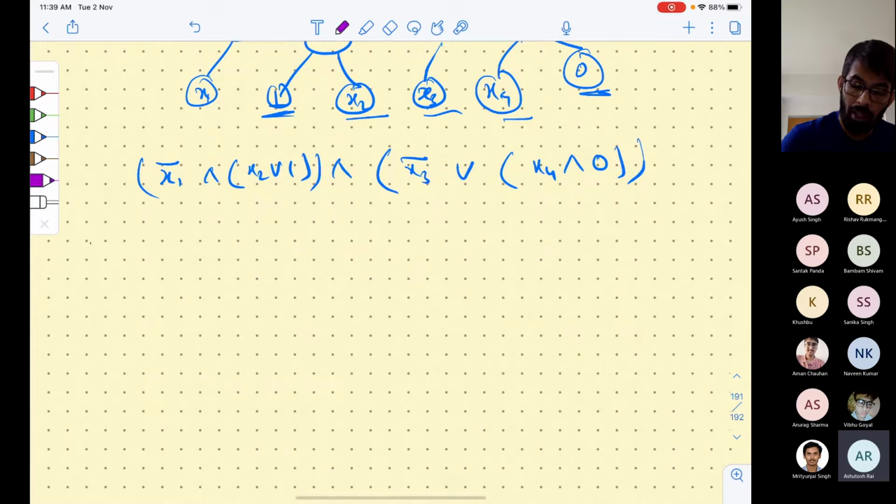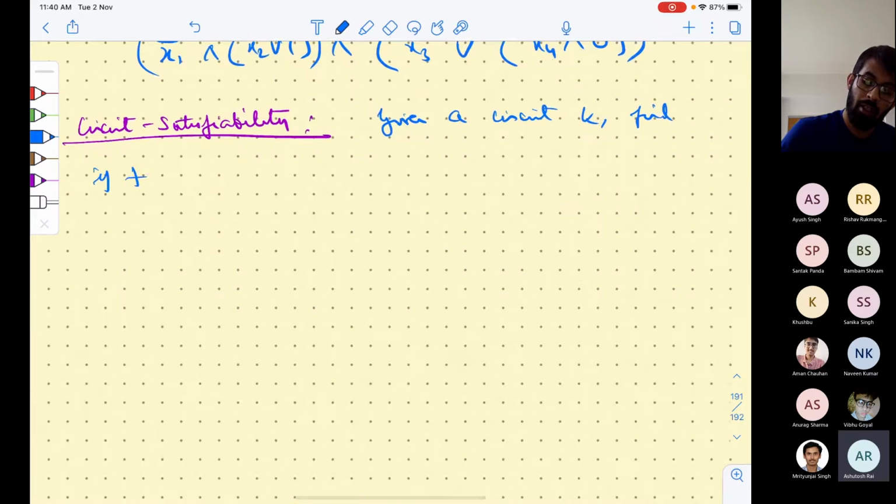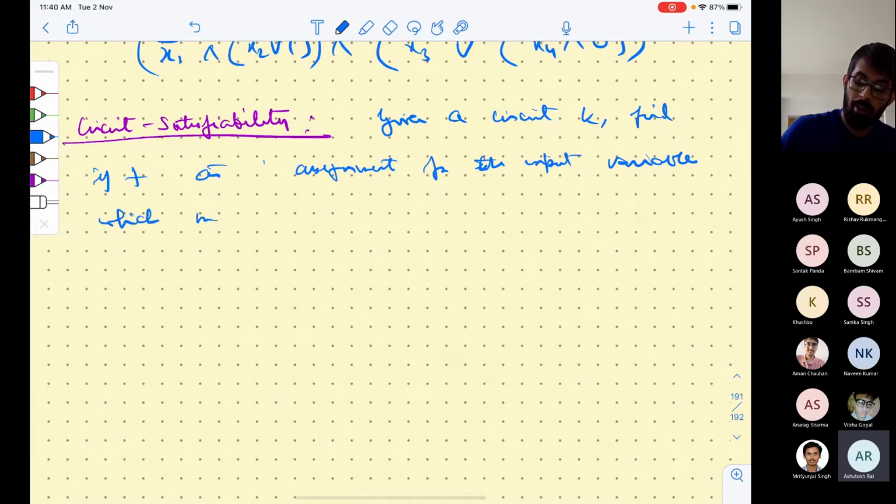And what is circuit satisfiability? Given a circuit K, find if there exists a satisfying assignment, or an assignment for now, for the input variables which make the output node compute 1.